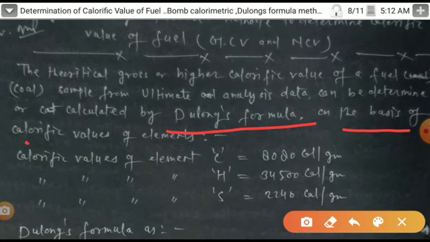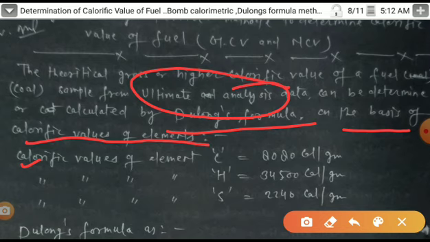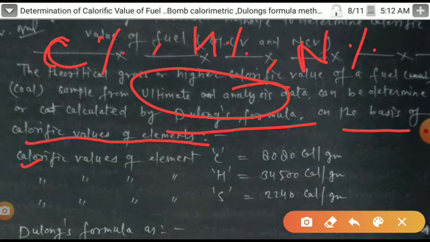On the basis of calorific value of the elements, as you know that in ultimate analysis of the coal, there is a determination of some kind of elemental composition in a coal, that is the percentage of carbon, percentage of hydrogen, percentage of nitrogen, percentage of ash, and lots more.